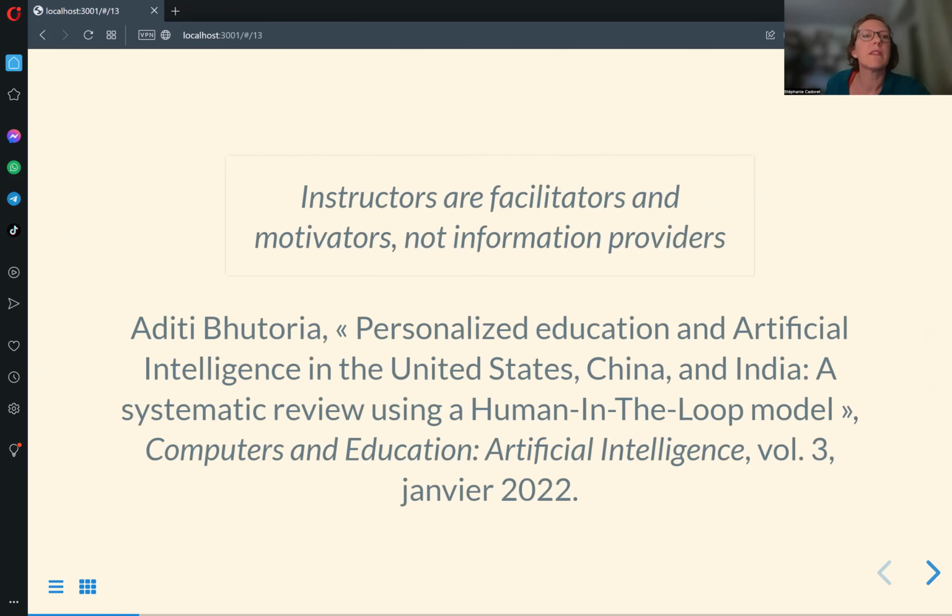In this report about China, the United States, and India, the instructors are facilitators and motivators, not information providers. And actually, during the pandemic, we may have wondered if, as teachers, we were becoming a peculiar form of streamers. So we might have to learn how to use the tools that AI provides to produce multimedia educational content more quickly.